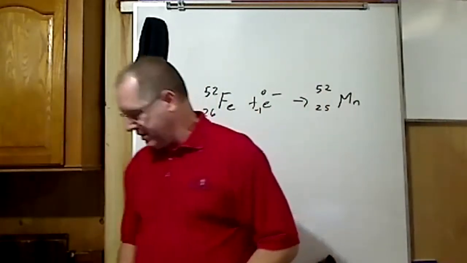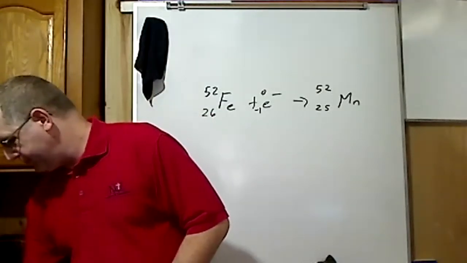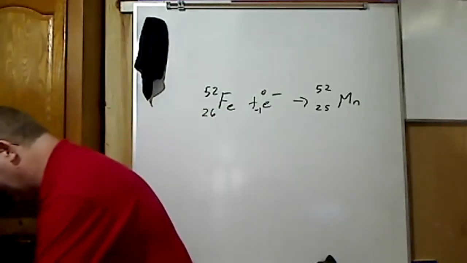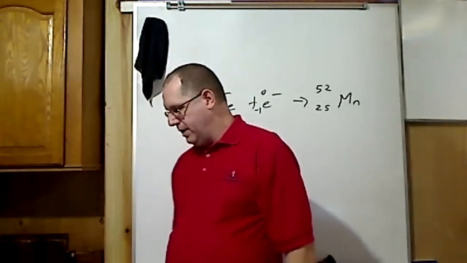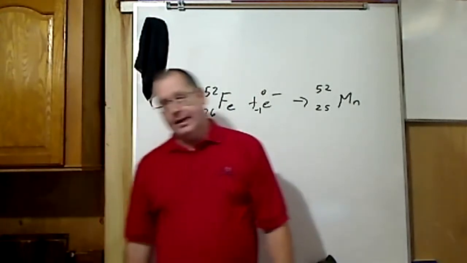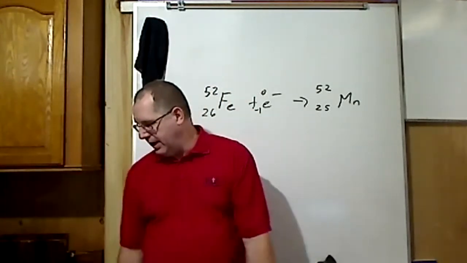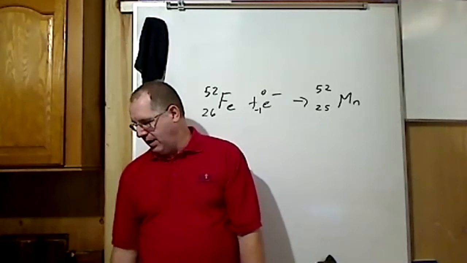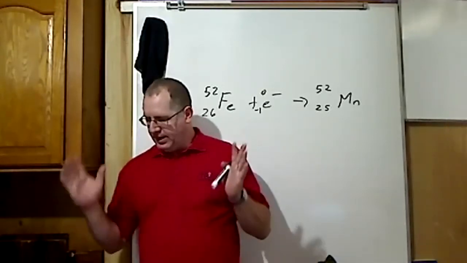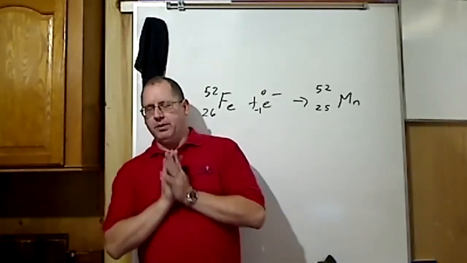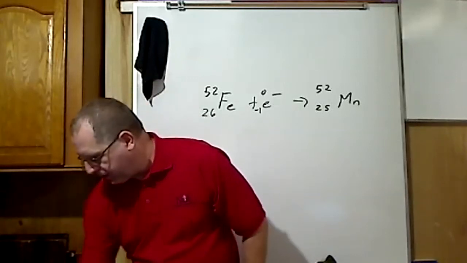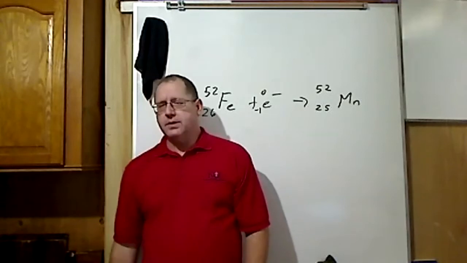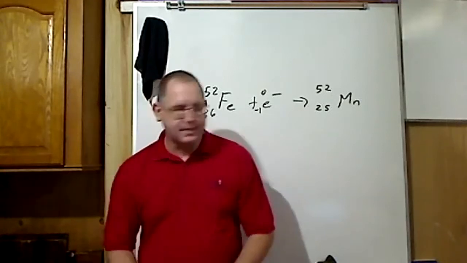How do we know if something is stable? If you take a look in your book at page 982, you will see a stability of atomic nuclei. And what they've done is they have plotted the stable nuclei of number of neutrons on the y-axis and number of protons on the x-axis.